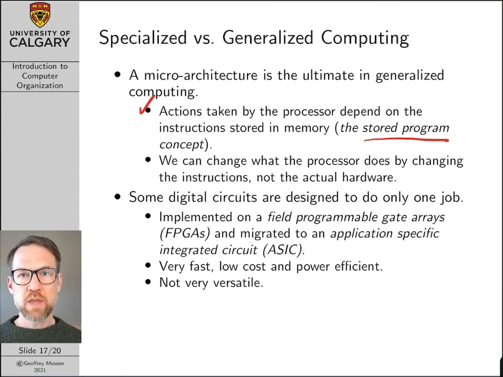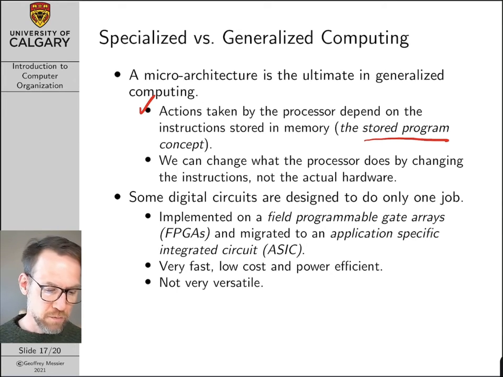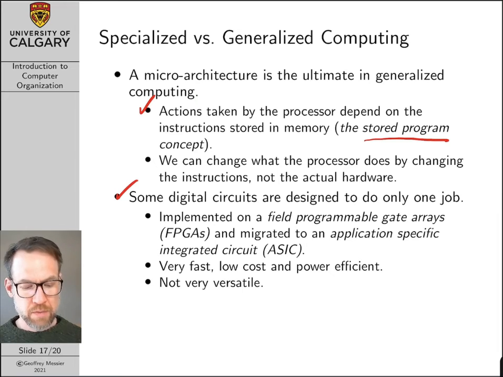This almost seems like an incredibly obvious statement. It's like, well, of course, you program a computer to do something different and it does something different. But not all digital designs are like this. Some digital circuits are designed to do only one job.